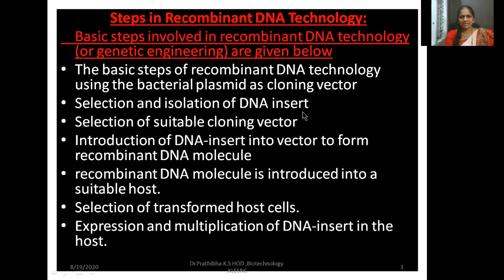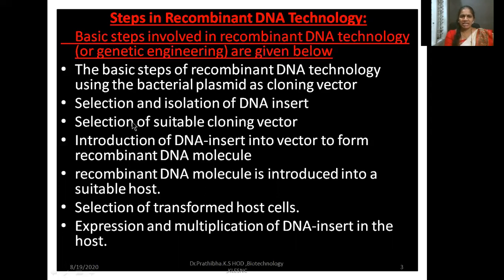Once target DNA is selected, then you need to select a suitable cloning vector to obtain more copies, to obtain the clones of the desired DNA molecule. Then introduction of the desired DNA or DNA insert into the vector to form recombinant DNA molecule.